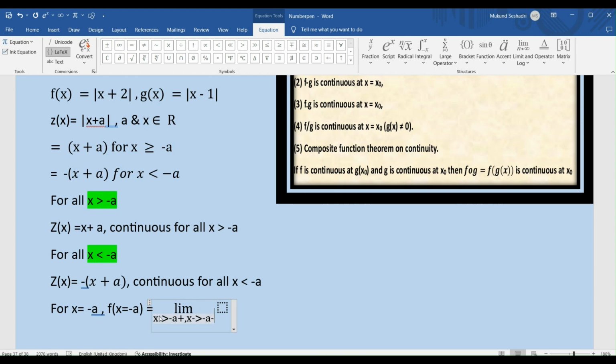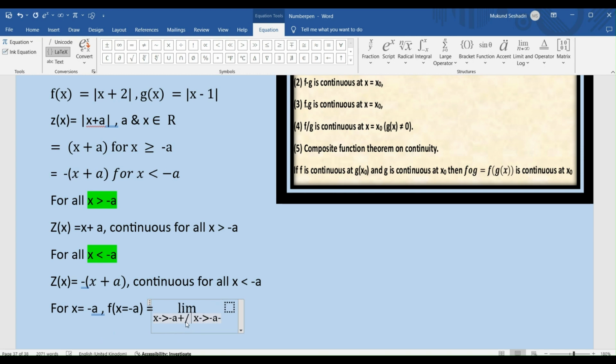When I do minus a plus h, what are we actually saying? I'm approaching minus a from the right hand side. And when we do minus a minus, all that I'm doing is approaching minus a from the left hand side. So it's nothing but my left hand or right hand limit.